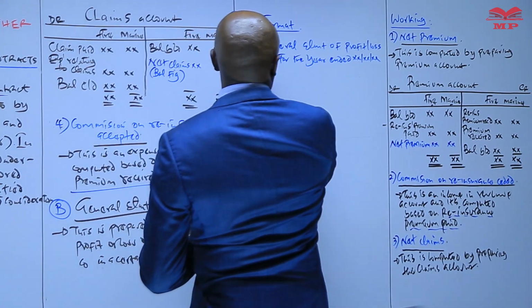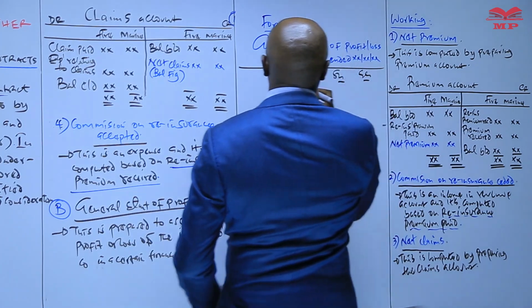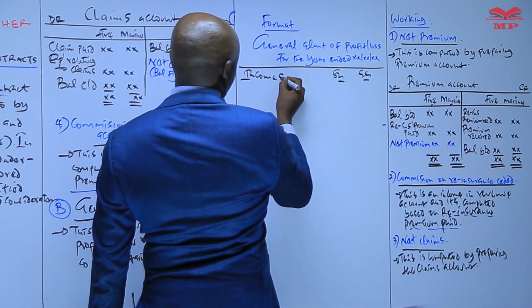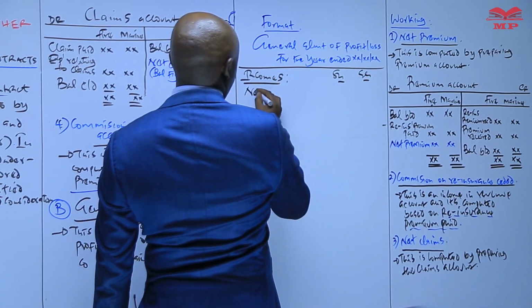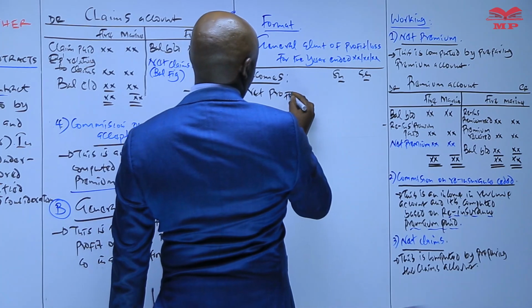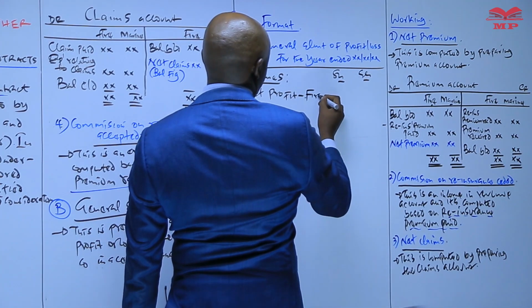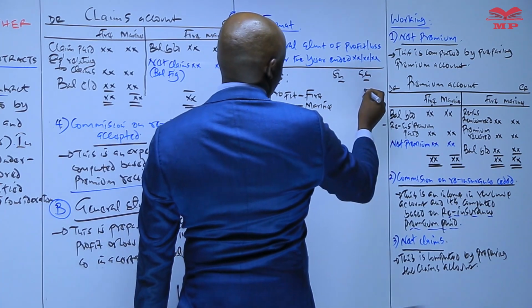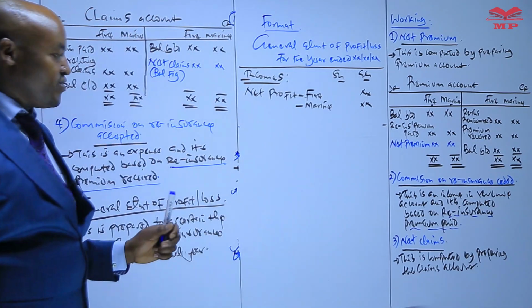So when preparing this, we use a vertical format, and we start with the incomes. The first income we start with here is the net profit from various insurance businesses, e.g. fire, e.g. marine. And this particular net profit is what we got from our revenue account.